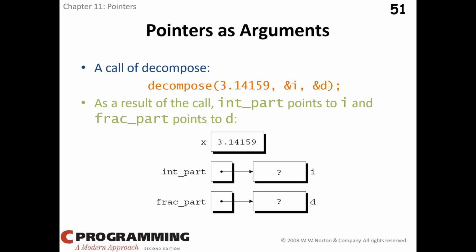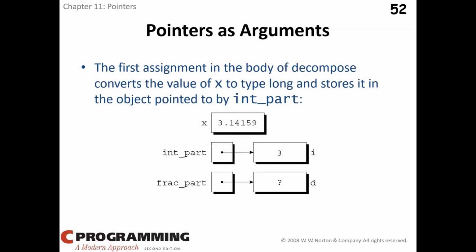This enables the decompose function to modify the values stored in i and d directly, using the dereferencing operator asterisk to access the variables they point to. In the decompose function, the first assignment takes the double value x and converts it to a long integer type, and this converted value is then stored in the memory location pointed to by the integer part pointer.